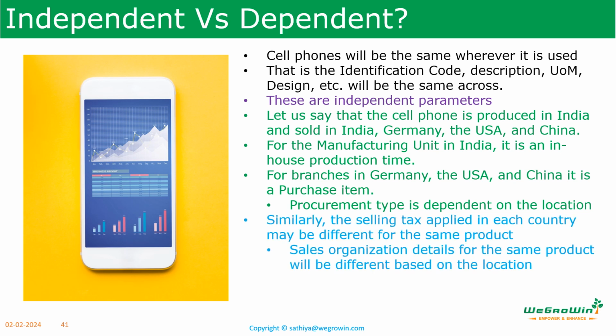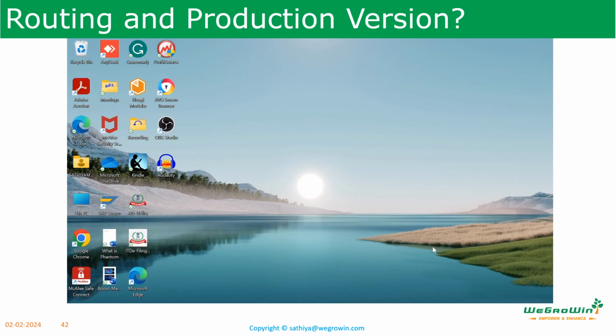Similarly, the sales tax applied in each country may be different for the same product. So the sales organization details for the same product will be different based on the location. The selling price also may change. The costing of the material also may change. Like this, parameters will change according to the location. These things are called dependent parameters. I hope this explanation gives you an understanding of independent parameters and dependent parameters.